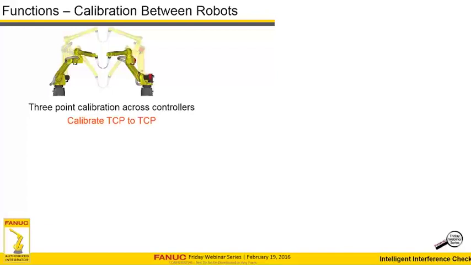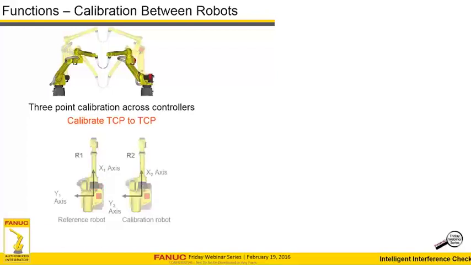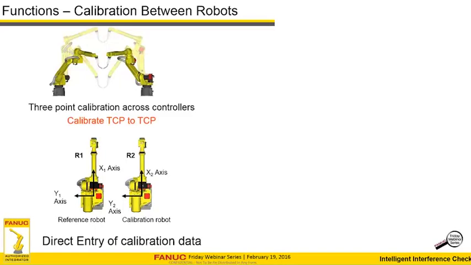And you'll do that 3 times in 3 different positions. The other method is the direct entry method, which was the default setting. If you know where the robots are relative in 3D space, because you have a detailed engineering drawing, you can just plug in the values of how far away the robots are from each other.